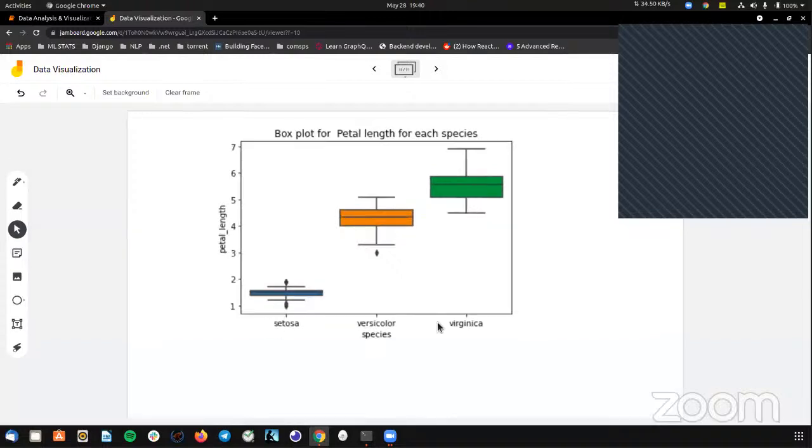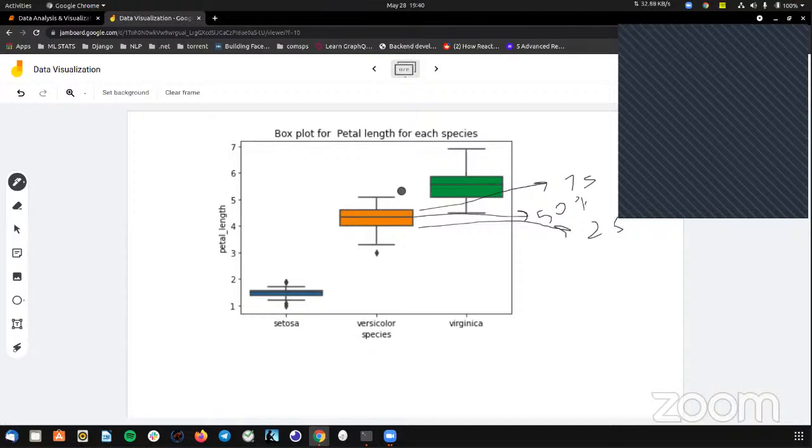What exactly is this box plot telling us? This middle part that you are seeing right now is the 50th percentile, right? And the above one is the 75th, of course, and the lower one is the 25th.